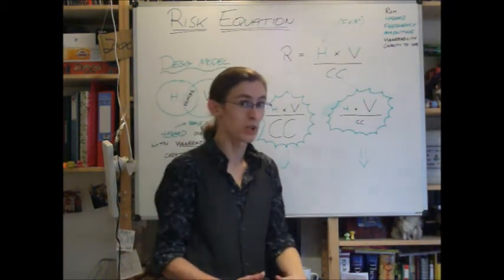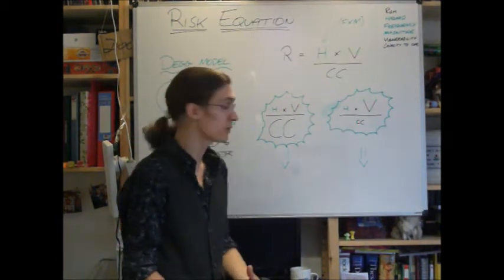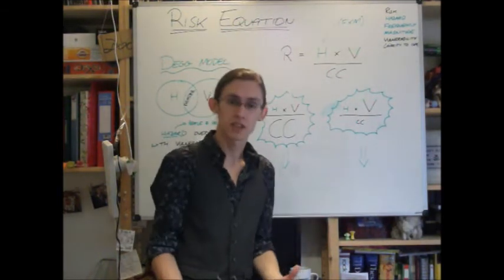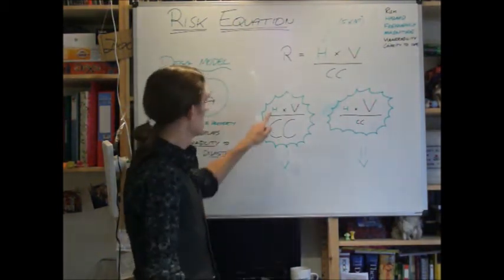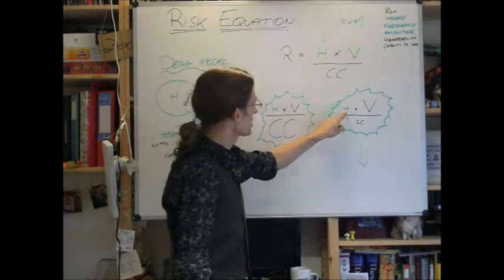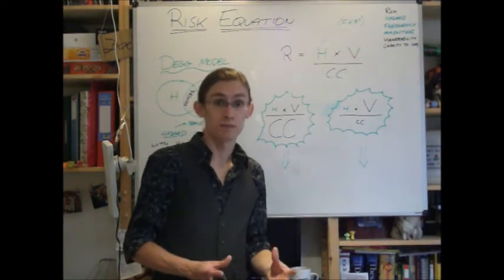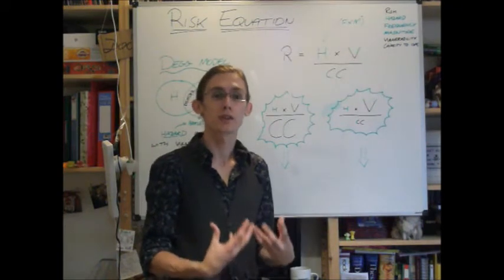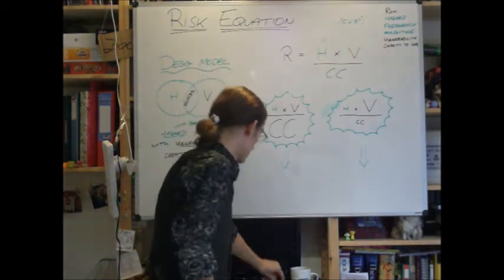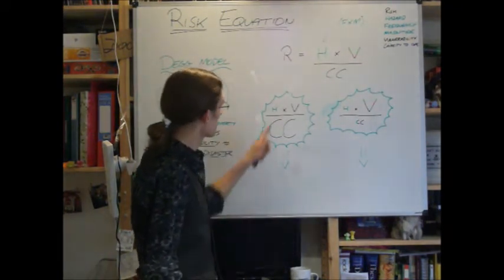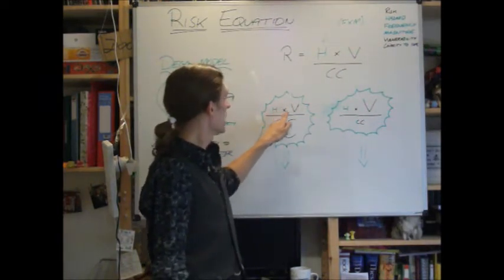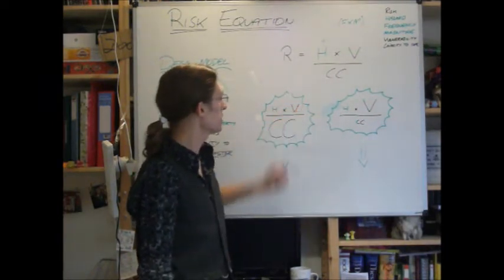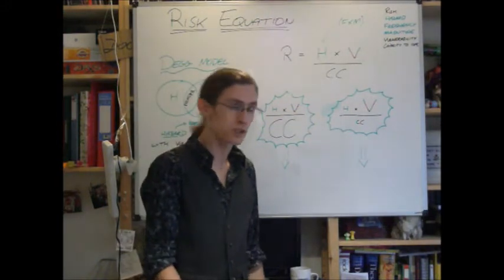And I've got a couple of examples on the board for you. These are just hypothetical examples. We might think about two different areas. You'll notice I've put hazard at about the same size in each one, so that we can compare the risk outcome. So, we've got hazard 1 in area 1, and the vulnerable population, it's a reasonable size.